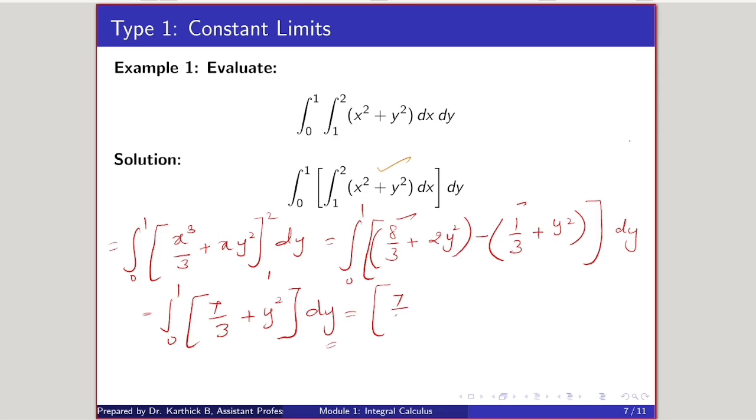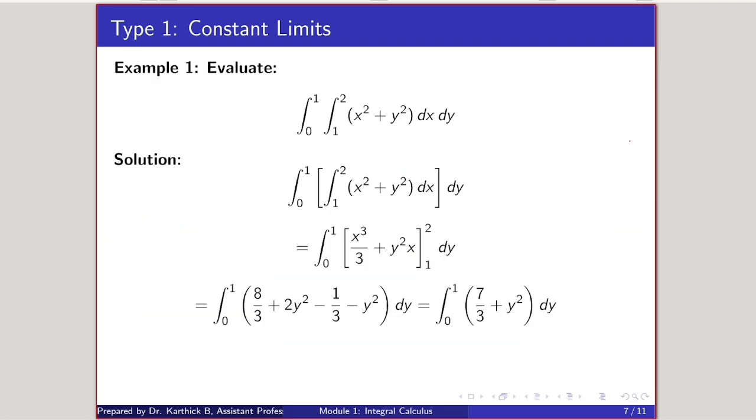So it becomes 7 by 3 y plus y cube by 3 with the limits 0 to 1. And what happens on the next step? 7 by 3 for the upper limit plus 1 by 3, we get the result 8 by 3. So this is the result.